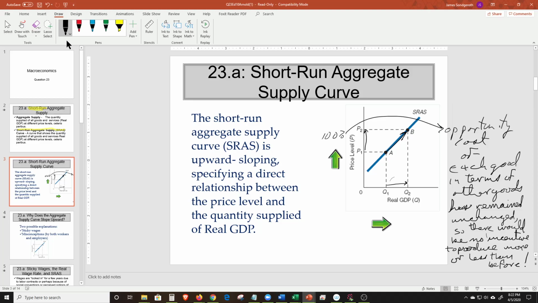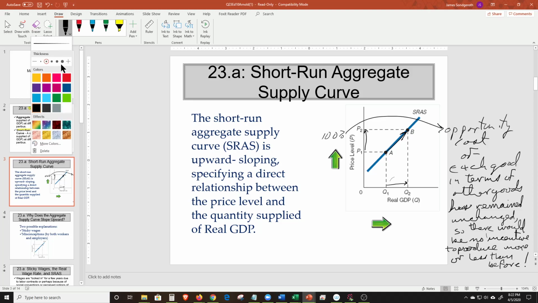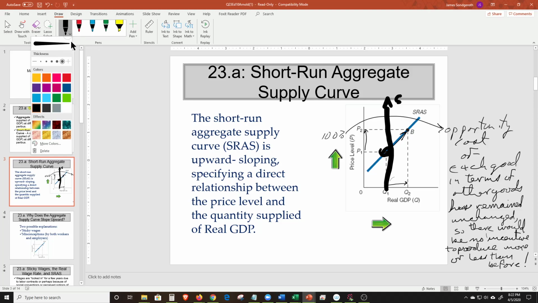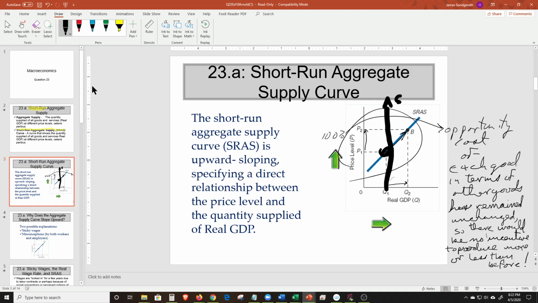In other words, let's get a big one. If we were producing here, the aggregate supply curve would look like this. It'd be completely vertical.